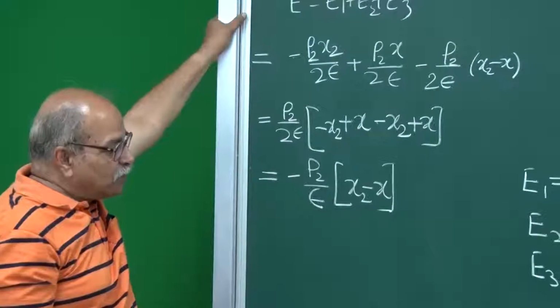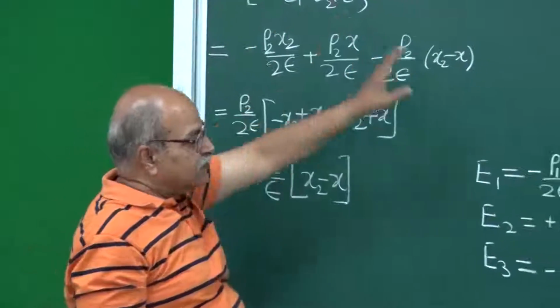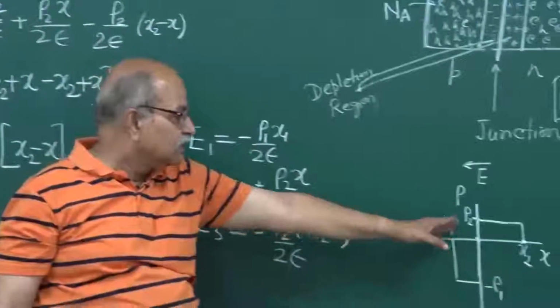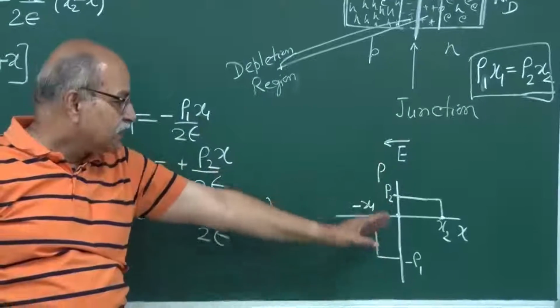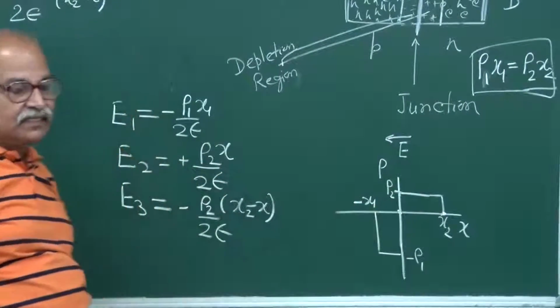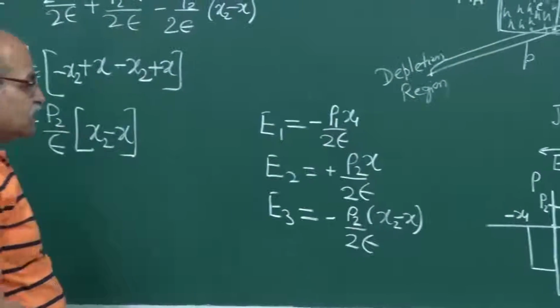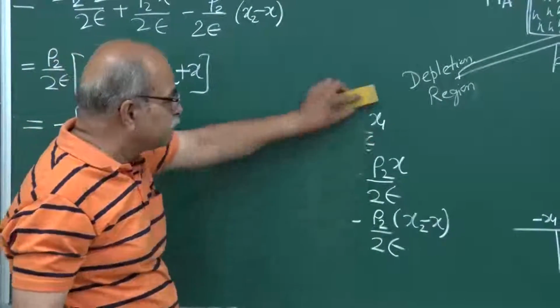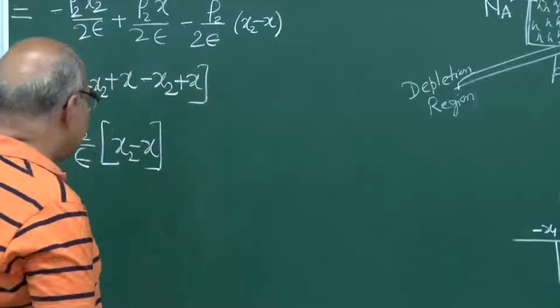So if I plot for electric field, here is the plot for charge density. If I make a similar plot for electric field as a function of x, taking towards right as the positive, how will it look like? It will be like this.